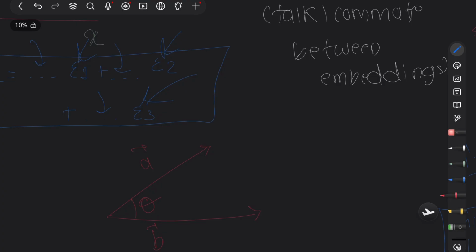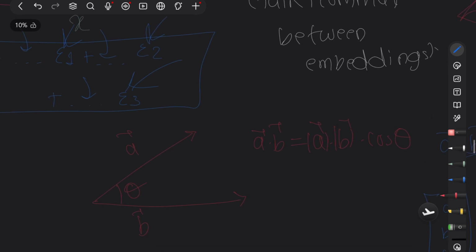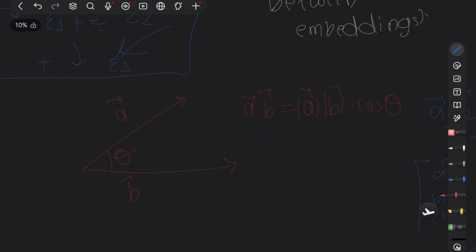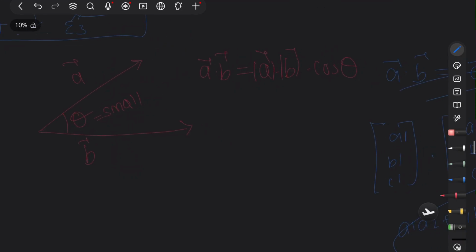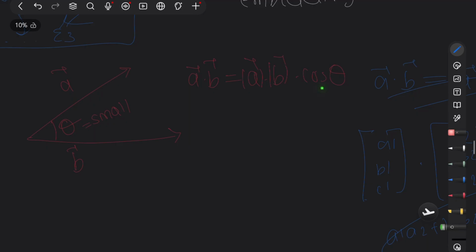We can find it by finding the dot product, a dot b, which is |a||b| cos theta. And this is the formula, right? We know that if two vectors are similar, the value of theta would be small. If the value of theta is small, the value of cos theta would be greater. As a result, a dot b would also be greater.